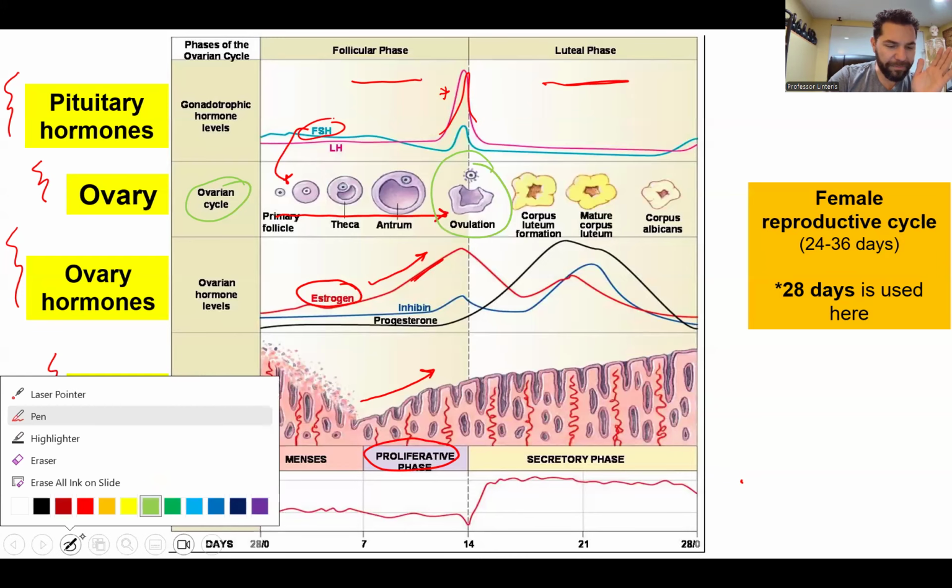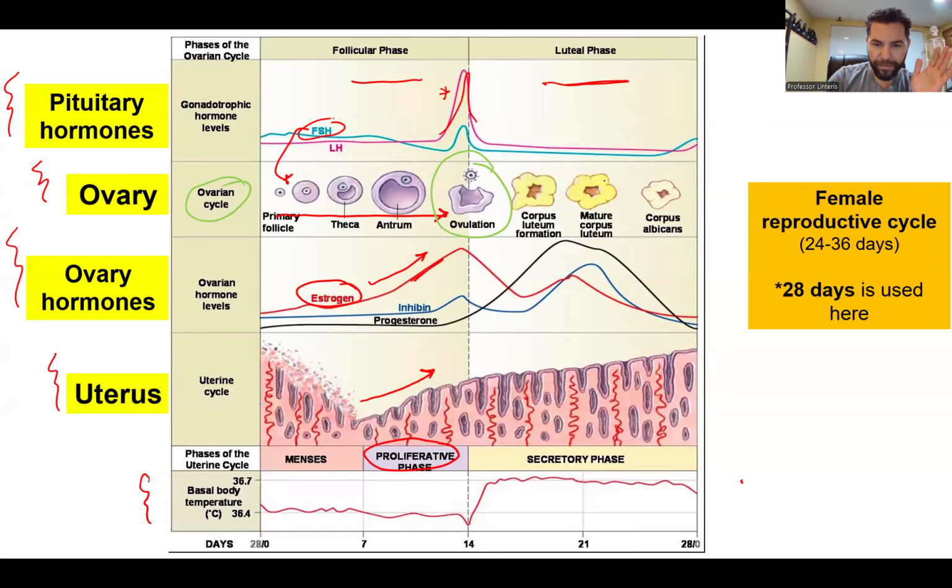What sticks around? The corpus luteum. What hormones are high? Not FSH and LH. Progesterone, which is that dominant hormone during the secretory phase, right? Or the luteal phase. Estrogen and inhibin. Where do they come from?